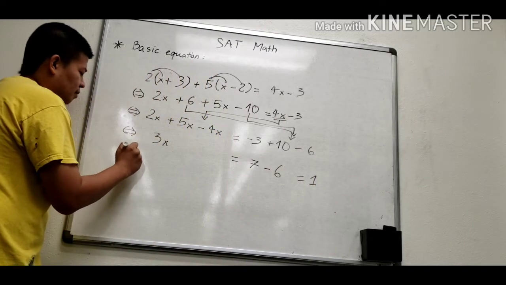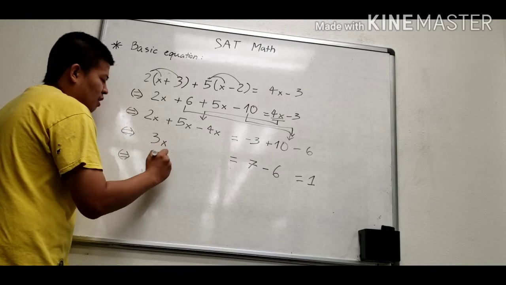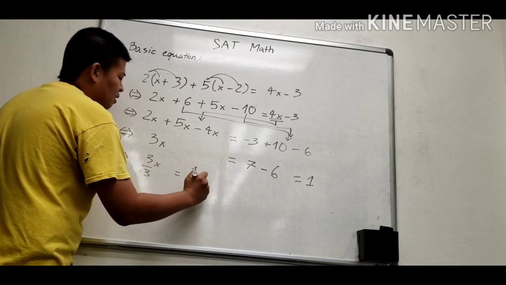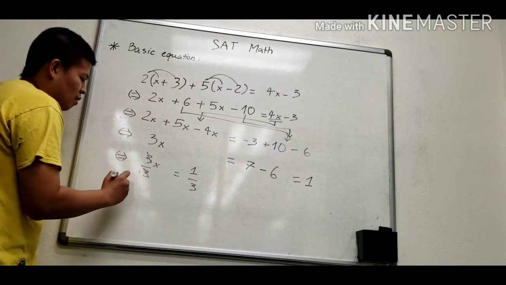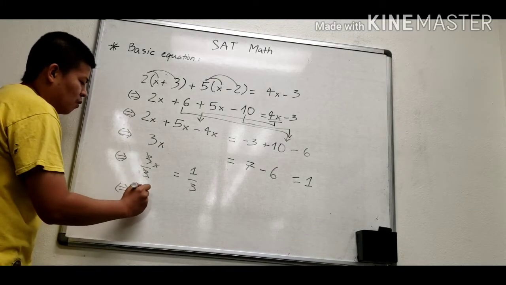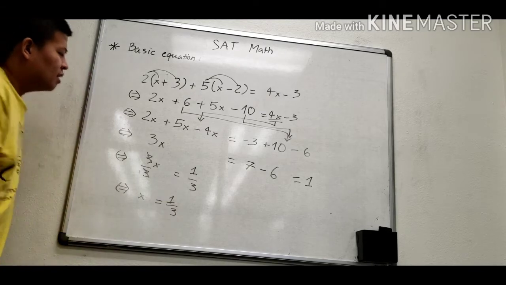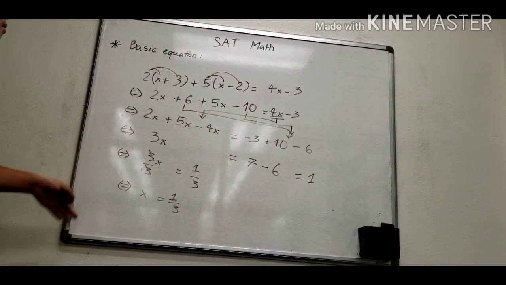And in here, we have 3s. We divide 3s on both sides, so that we eliminate number 3. And we got s equal to 1 over 3. So this is the technique we do step by step.